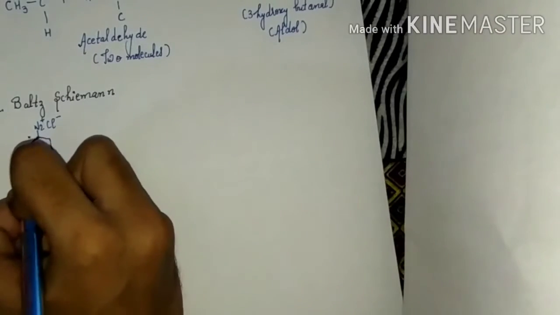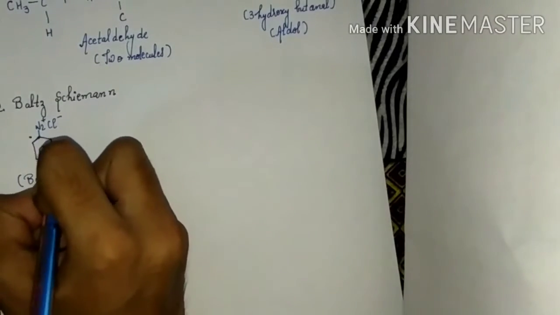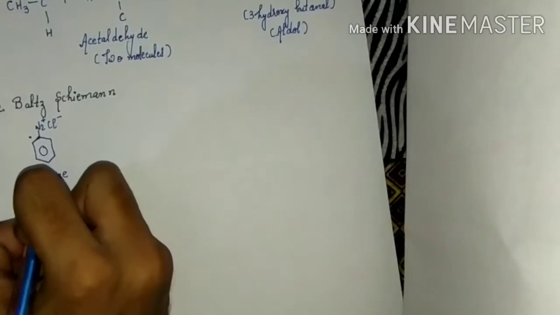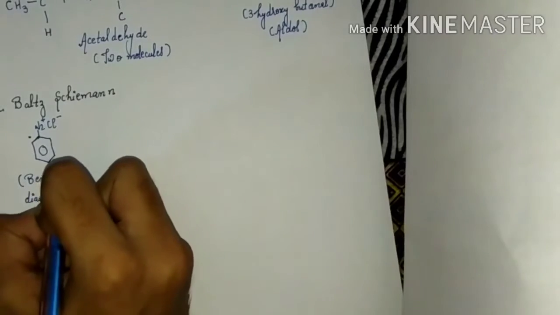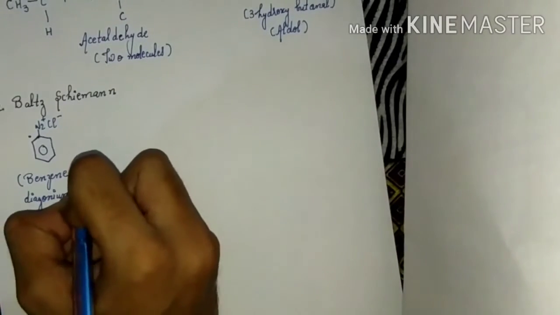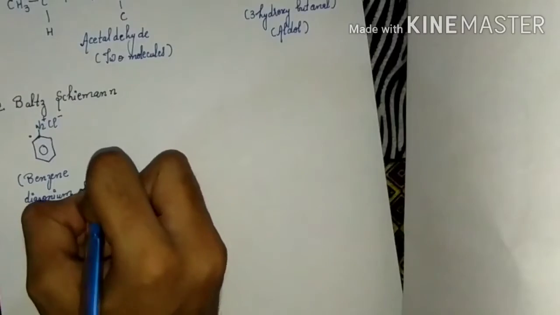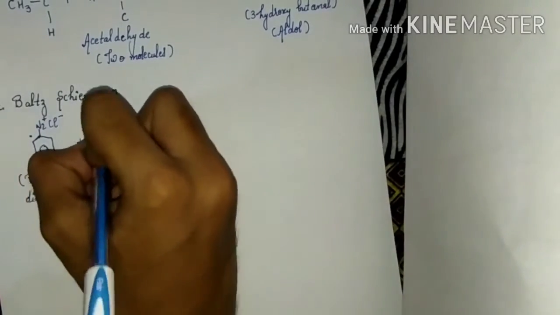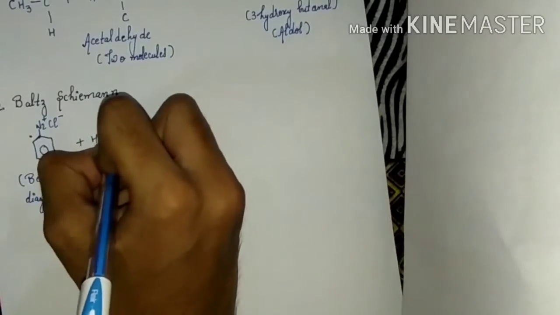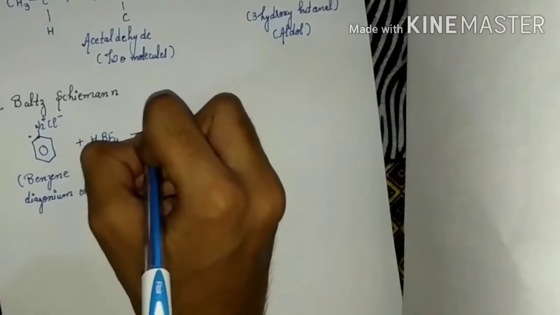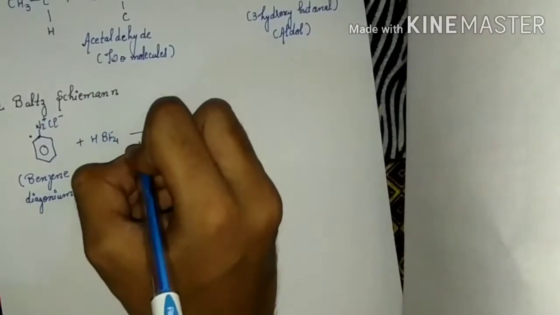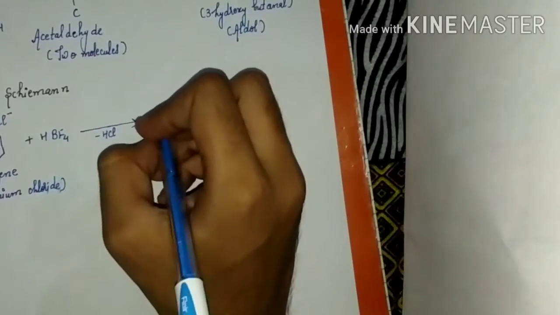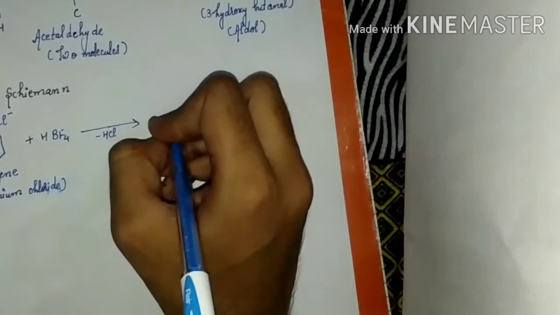Write it down here: benzene diazonium chloride, plus what I said, HBF4. So this precipitates out HCl and then it forms benzene diazonium tetrafluoroborate.